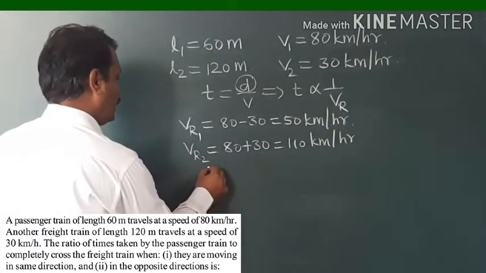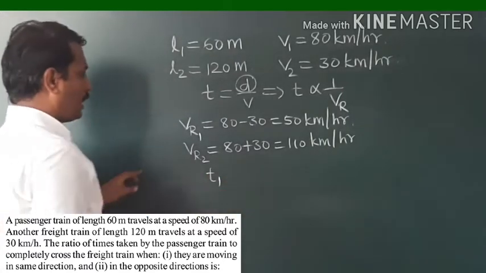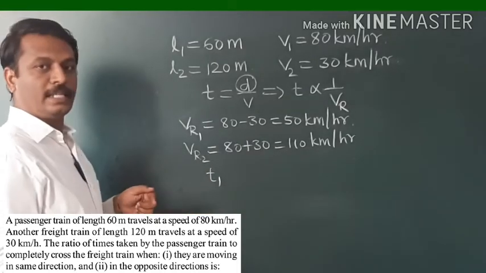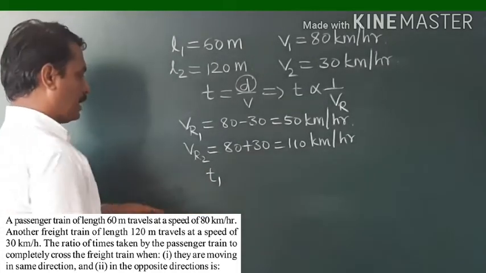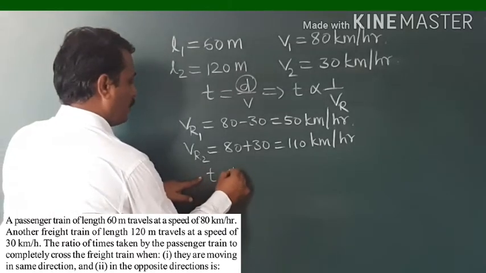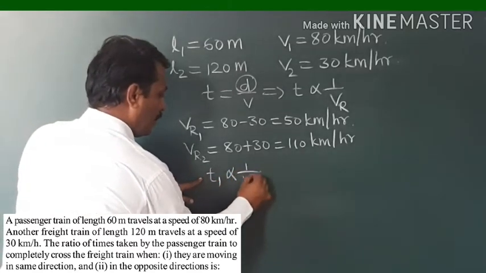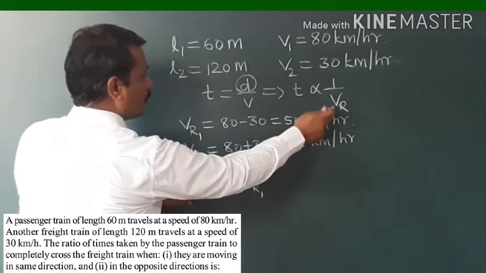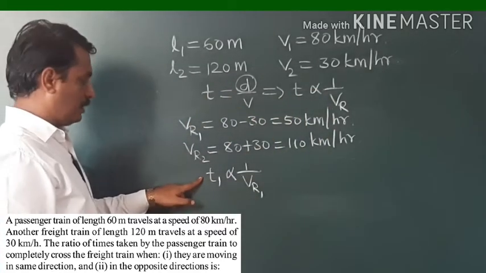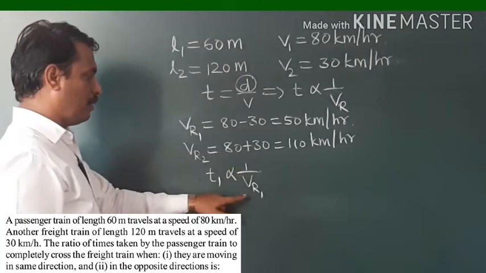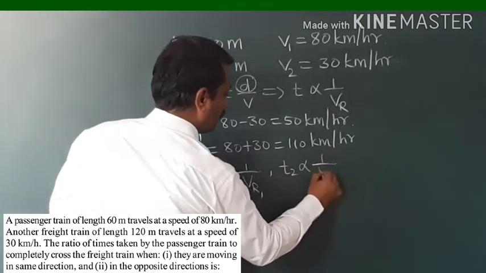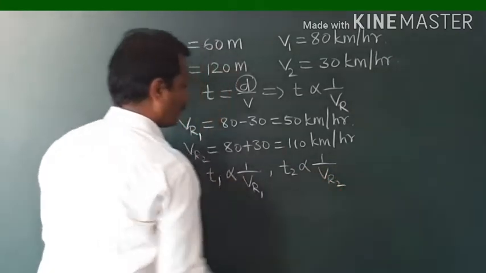If T1 is the time taken to cross each other when both the trains are moving in the same direction, then we can write T1 proportional to 1 by VR1 according to this. Here time is inversely proportional to relative velocity. Therefore, T1 is 1 by VR1. Similarly, T2 is 1 by VR2.